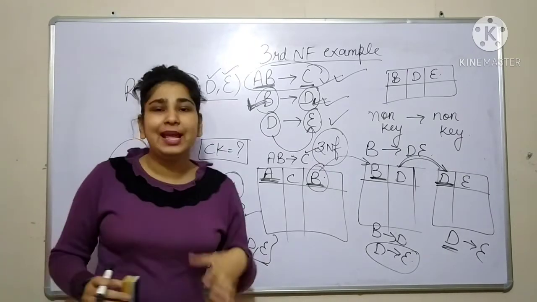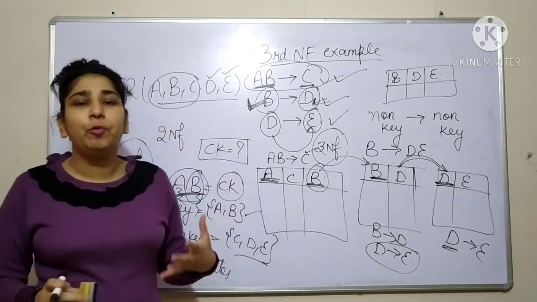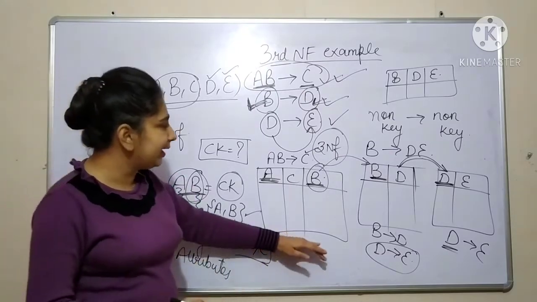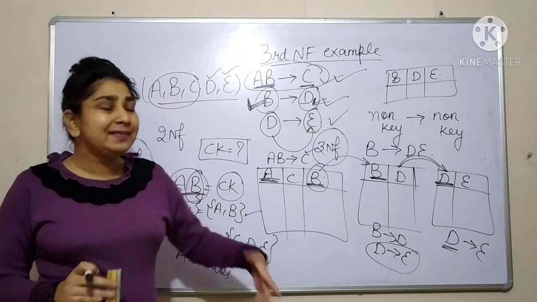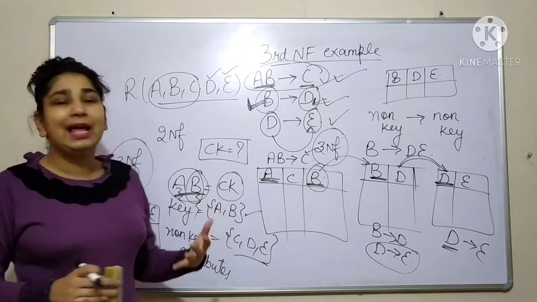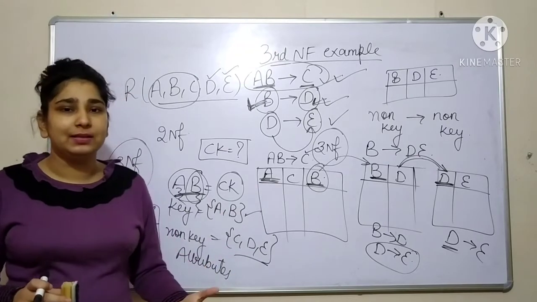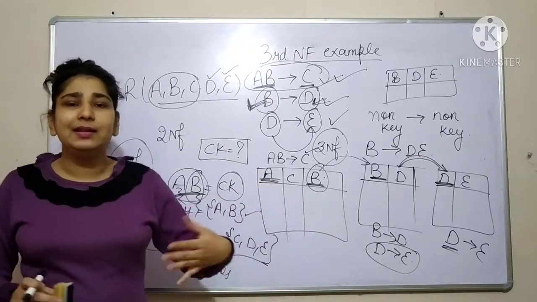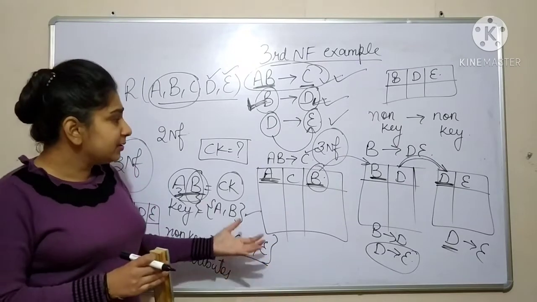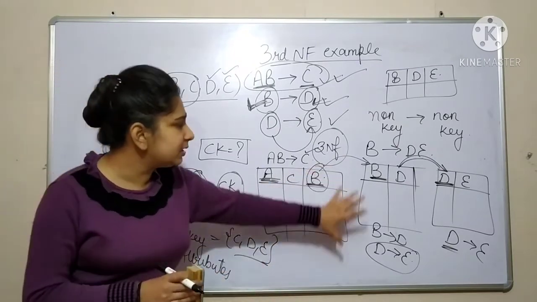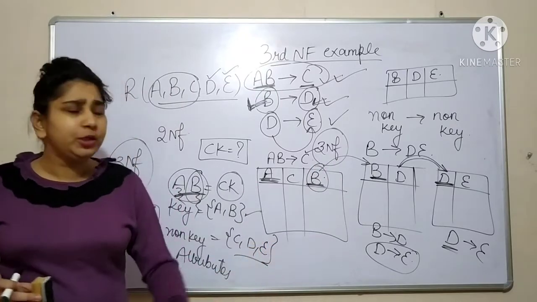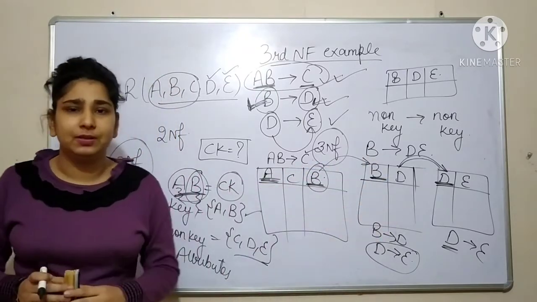Okay, so if we have to join at a later point of time, we can do that with the help of the common attribute. But that kind of joining we will be performing with the help of SQL queries, and that joining is done in the temporary memory. Okay, because if you had to join all these tables in the hard disk, then there would be no need to decompose this relation.